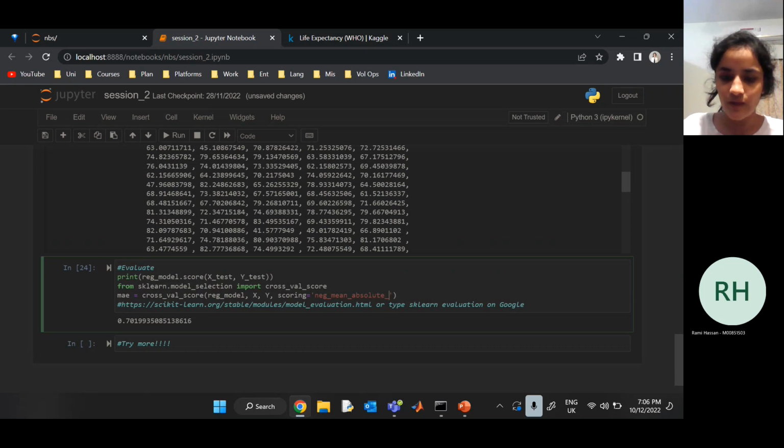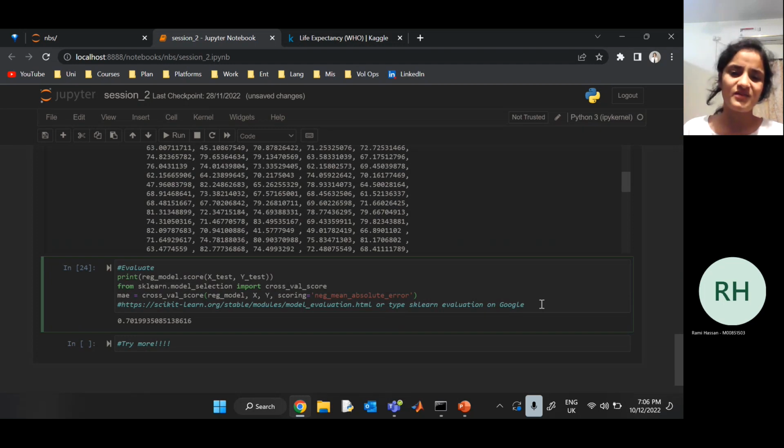absolute error. Now, why I wrote negative instead of just mean absolute error is that if you go on sklearn's documentation website, this is the metric that they provide. I don't know why they put negative on it. It's basically the negative of that mean absolute error.